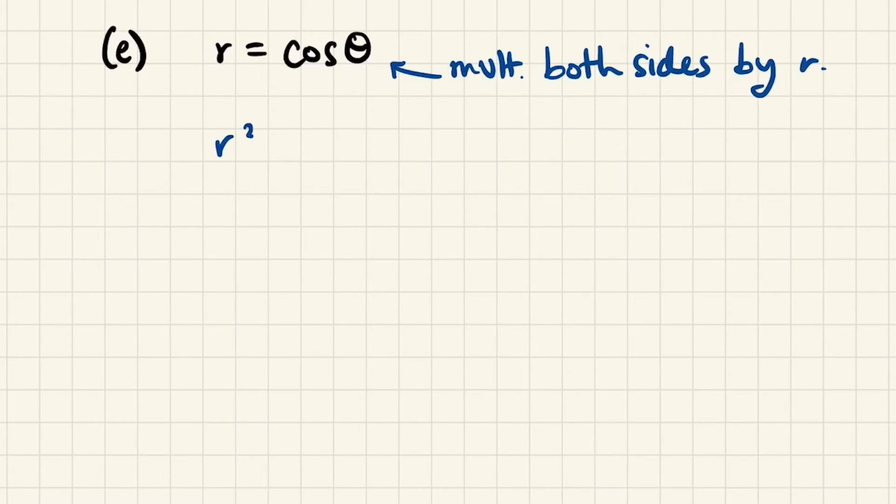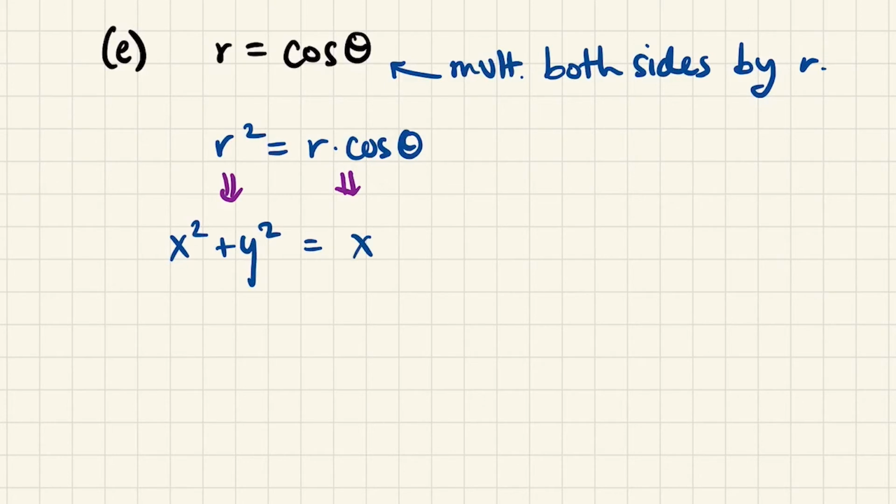So we're going to get r squared equals r cosine theta. And we know that r squared is x squared plus y squared, and r cosine theta is x. So we get x squared plus y squared equals x.